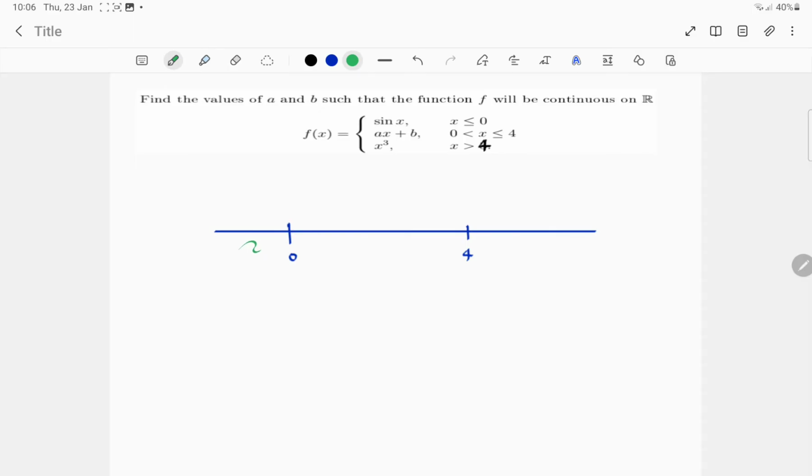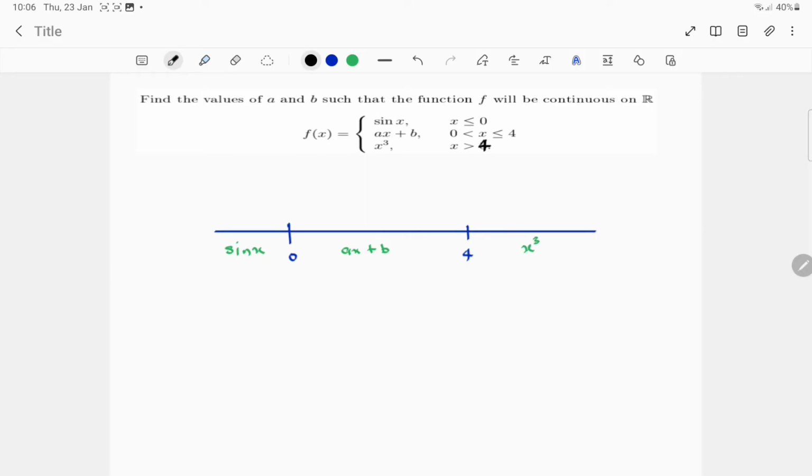For x less than 0 it is sine x, for 0 up to 4 it's ax plus b, and for greater than 4 we have x to the power of 3.